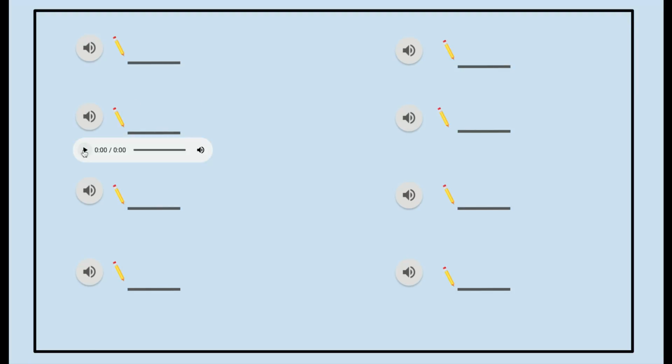The third sound, the fourth sound, the fifth sound, Sk.